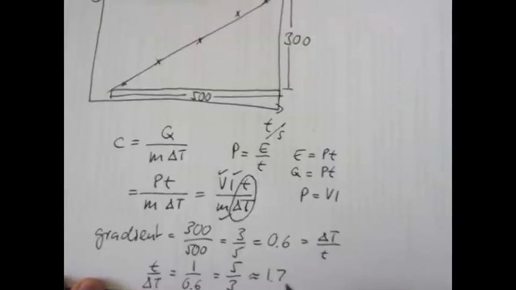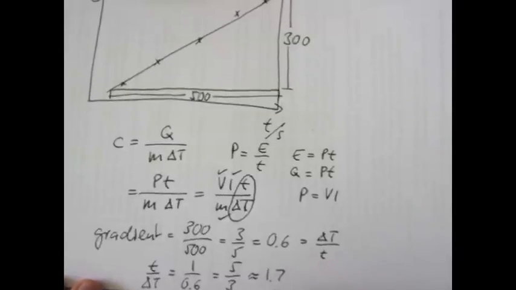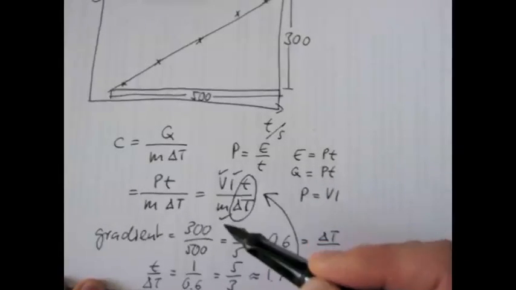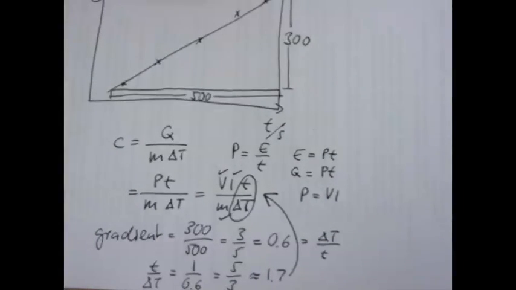So all I need to do is put whatever value you get here, and you might get something very different to this gradient. Put that value in here. The rest, the voltage, the current, and the mass, you had as control variables, so you can just check your settings in your experiment to find whatever gradient you get here. Hope this helps, and good luck with your investigation.